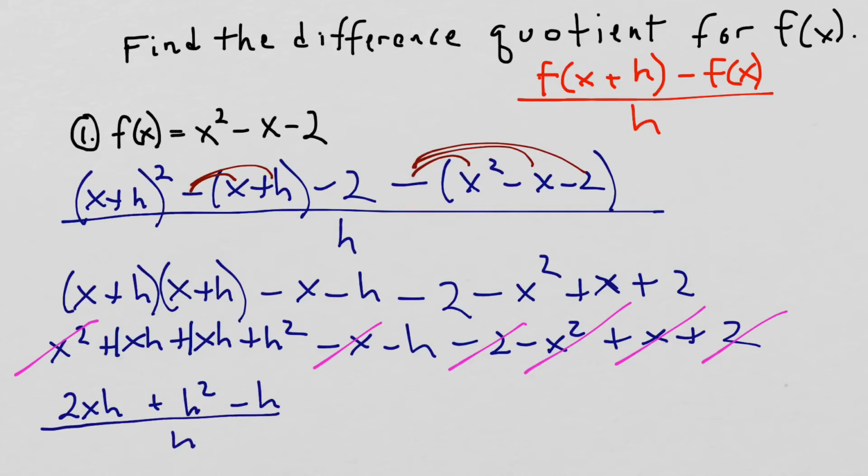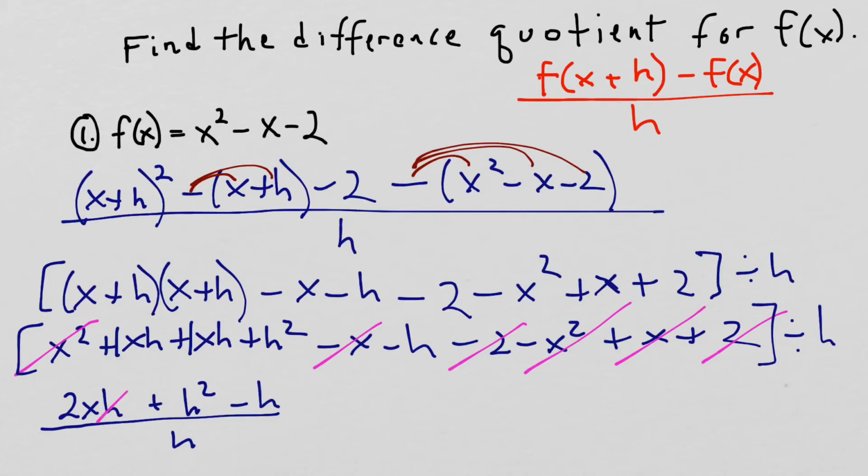Okay, so recall that this is all over h. I sometimes go ahead and wait to the end to put that h line back there because it takes up a lot of room to draw it every time. All right, so now I'm going to cross out an h wherever I've got one.